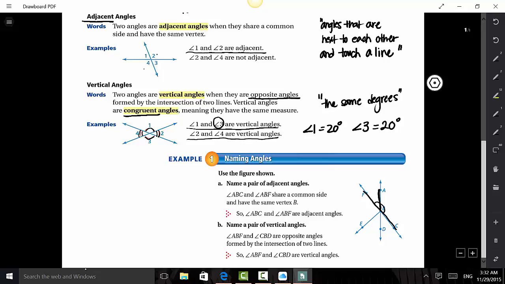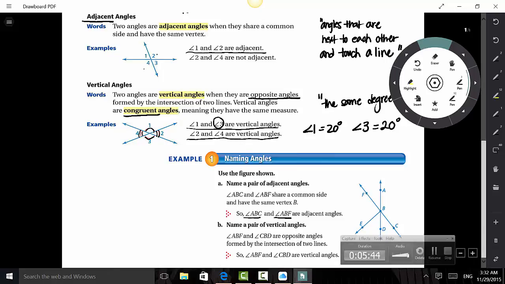So angle ABC and ABF are adjacent angles. Make sure to write your answer this way. Angle ABC and angle ABF are adjacent angles.